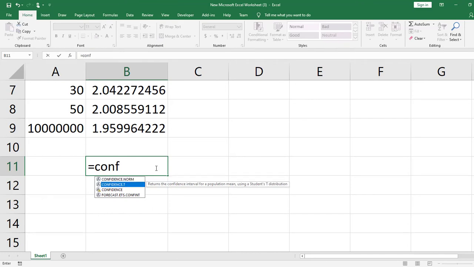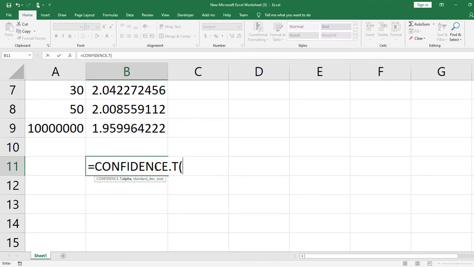We will select confidence T. Note that confidence T is asking for familiar things, just like confidence norm does. It's asking for alpha, or 1 minus our confidence level. It's asking for standard deviation, just like before. It's asking for size. What is size? Also known as what letter? N. S is standard deviation. N. So it's asking for a lot of the same stuff. Let's put that stuff in.